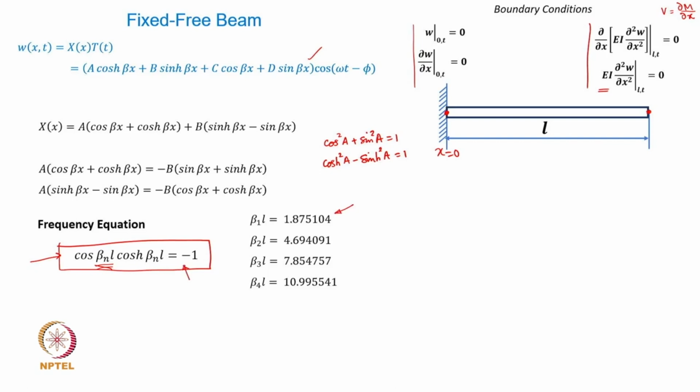So the equation gets satisfied for beta 1 L equal to 1.875104. Okay. And similarly, this equation will also get satisfied for this value, and for this value of beta L, and therefore they now become the first 4 values of beta L that satisfy this frequency equation.